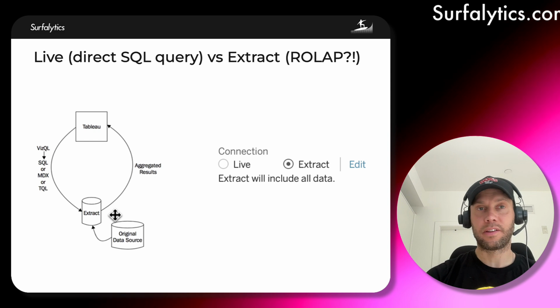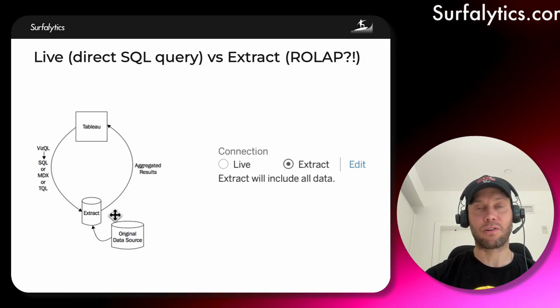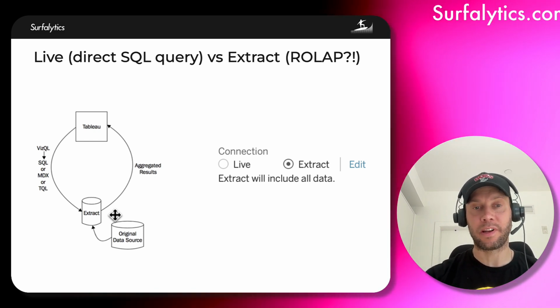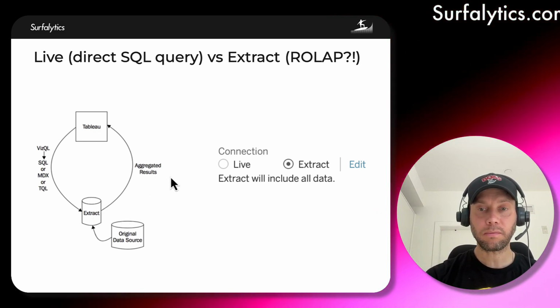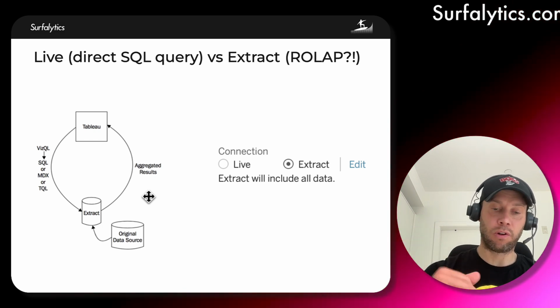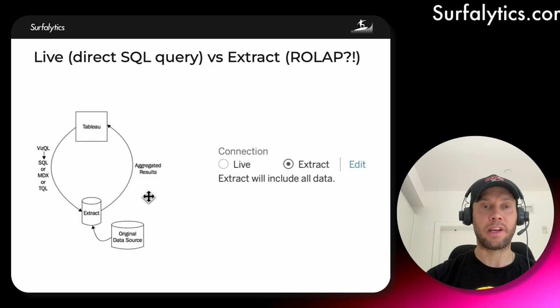And Tableau right now uses Hyper, which is also kind of a columnar database, and you cache the data in this columnar database, and you can use it. It means that for all the columns that you choose, you can drag and drop indefinitely, and you don't need to update.